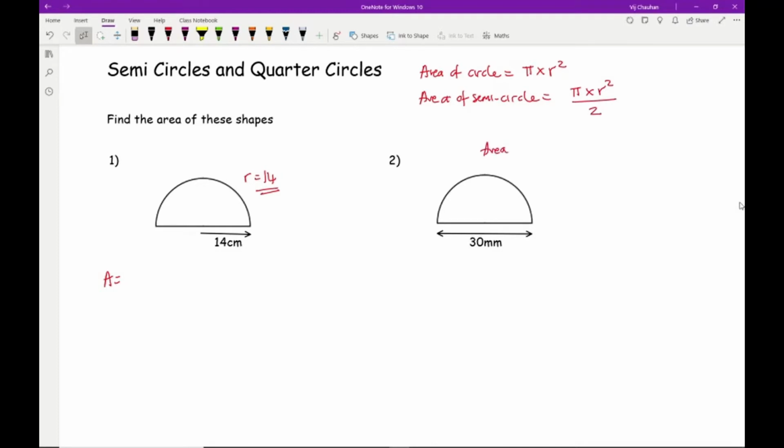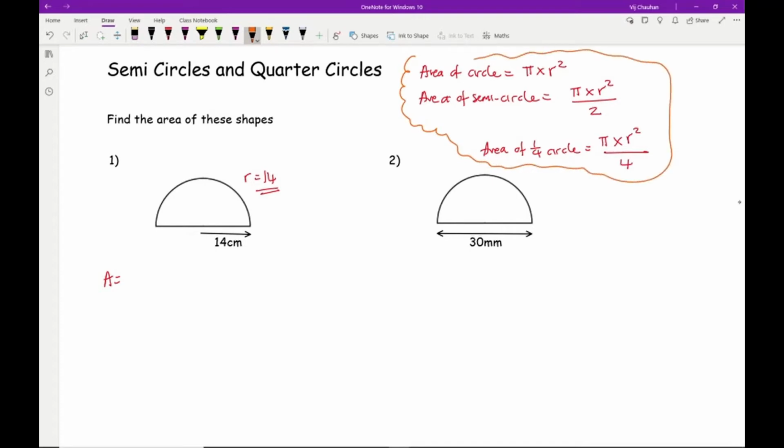And then the area of a quarter circle is going to be pi times the radius squared divided by 4. So I just need to make sure that I'm using the correct formula based on the shape that I've got in front of me.